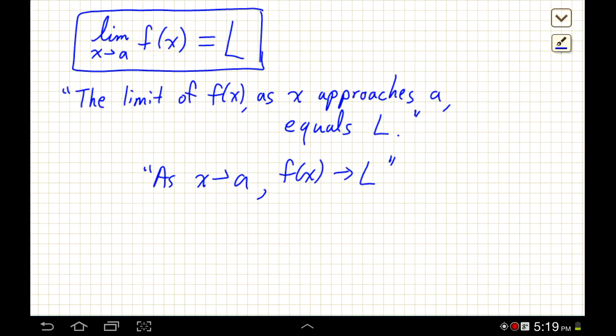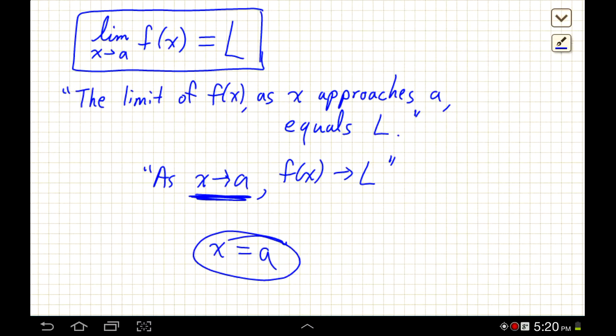Alright, so what this means is that your x gets closer and closer to a, but it does not attain the value a. Notice that x approaching a has a different symbol than saying x equals a. When we say x equals a, we actually mean that x has that value.